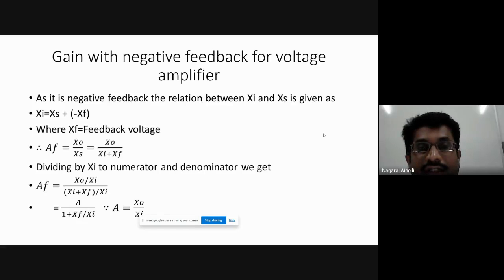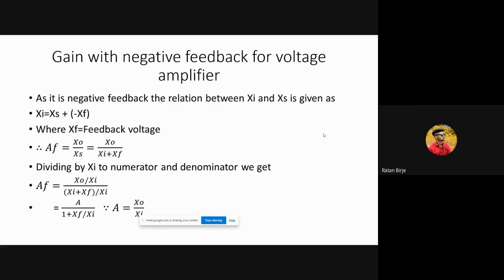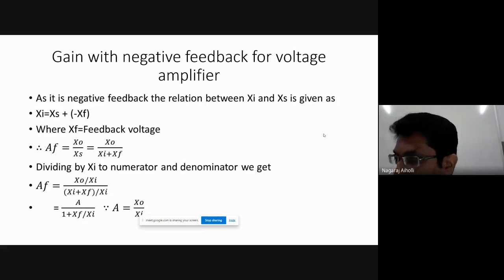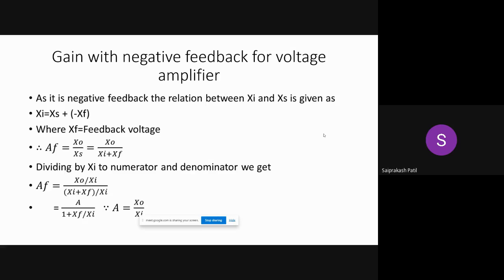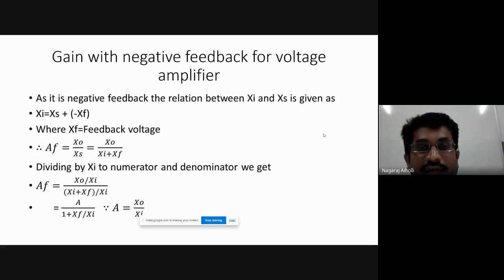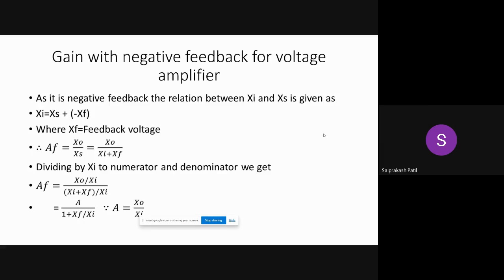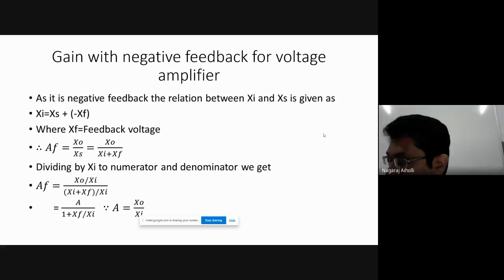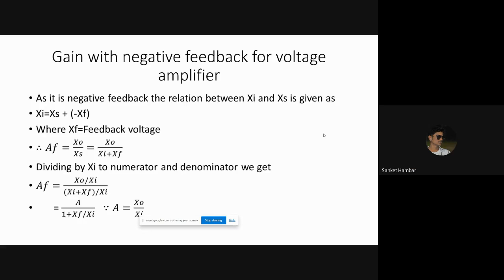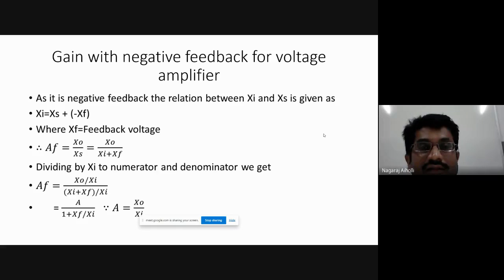Is the derivation clear, Ratan? Clear, sir. Okay. Rutvik? Sai Prakash? Yes, sir. This is clear? Okay. Samir Ahmad? Sanket? Yes, sir. Derivation is clear, Sanket?